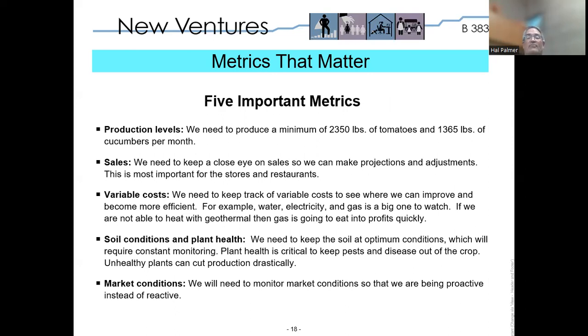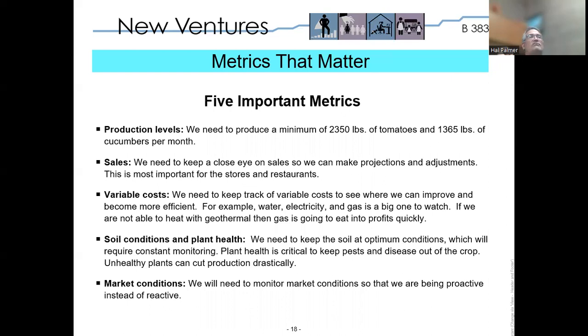Besides these, I'm sure there are many more that we could measure, like temperature of our greenhouses or humidity levels. Someone suggested to keep track of product loss, like spoiled product, and keep track of the reasons for this loss. I think that's a great idea. But I've chosen these 5 basic metrics for this presentation.